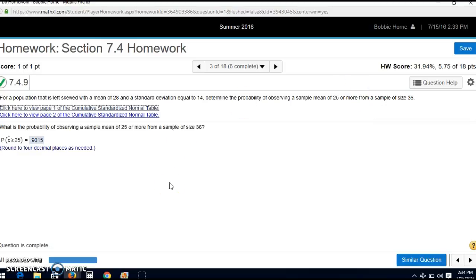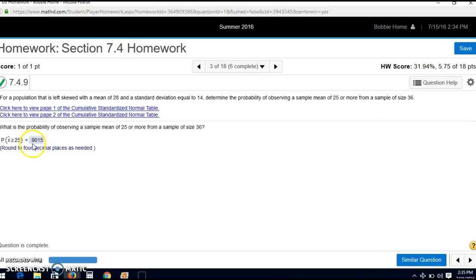Okay, I'm going to stop here, and hopefully this will get you started on how to calculate the standard error of the mean and how to calculate your z-value to go into your standardized normal table and get your probability. What we're doing is finding how probable it is that our mean would be 25 or more.